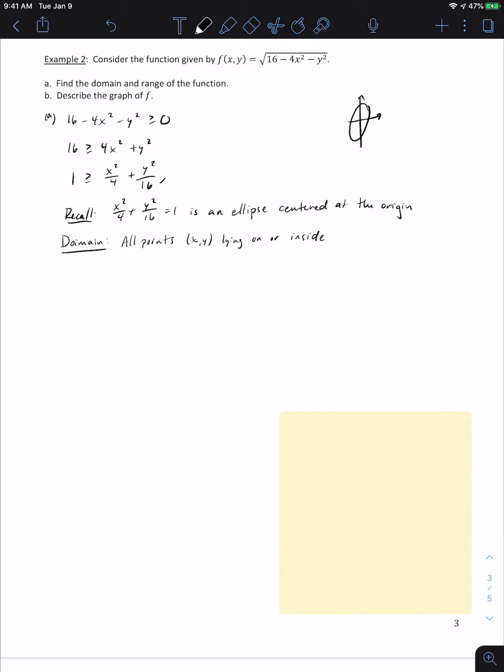So on or inside the ellipse given by x squared over 4 plus y squared over 16 equals 1. If I'm going to write that out, it would look like the set of all points x and y such that x squared over 4 plus y squared over 16 is less than or equal to 1.